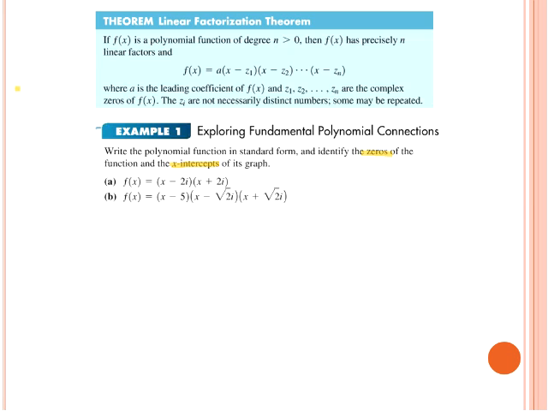All right, so looking at part A, let's start by identifying what the zeros actually are going to be. Notice that they already have it set up in the linear factorization, so they found the factors for you. You just need to solve for x in each part. So what will x equal in each of the factors in part A? Let's start with that pink one. So if you have x minus 2i equals 0, what will x equal?